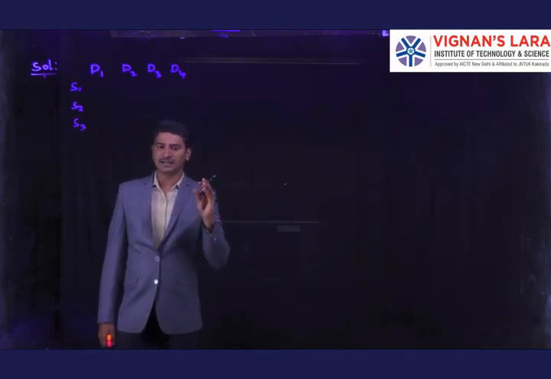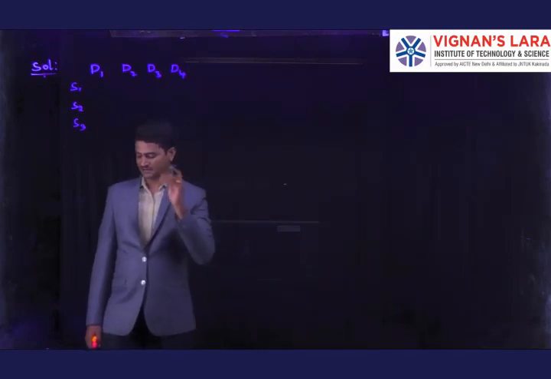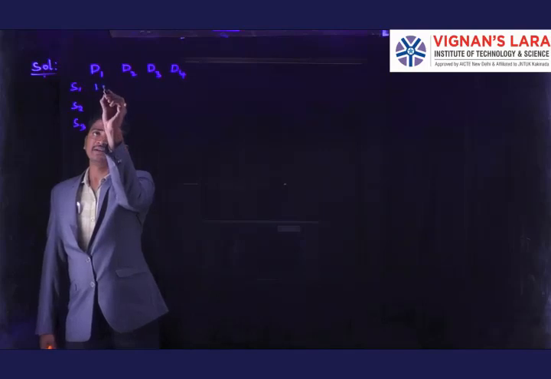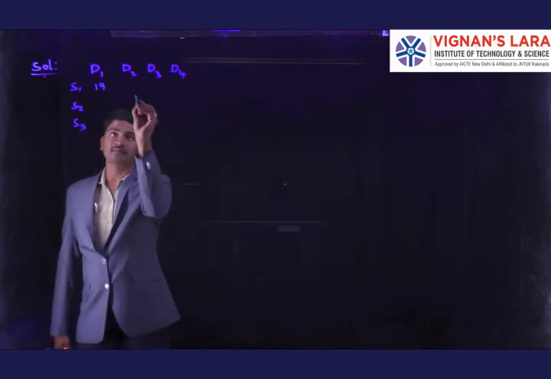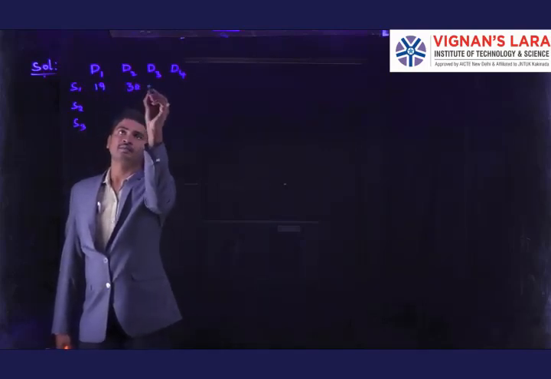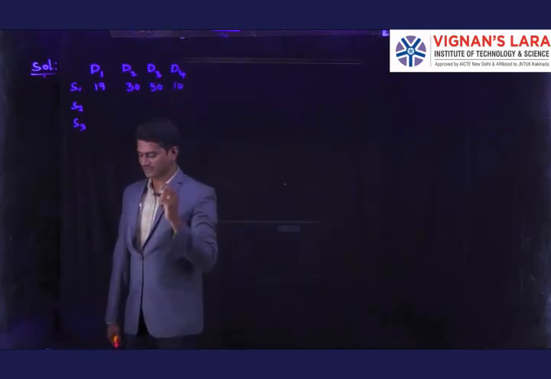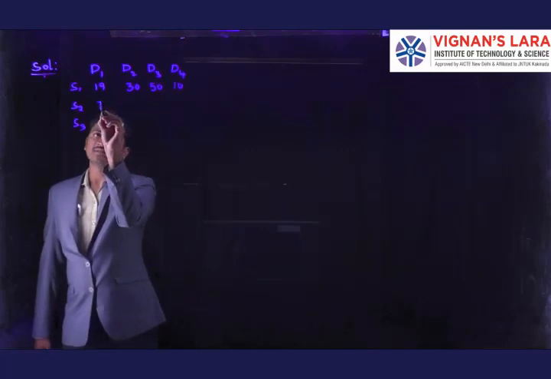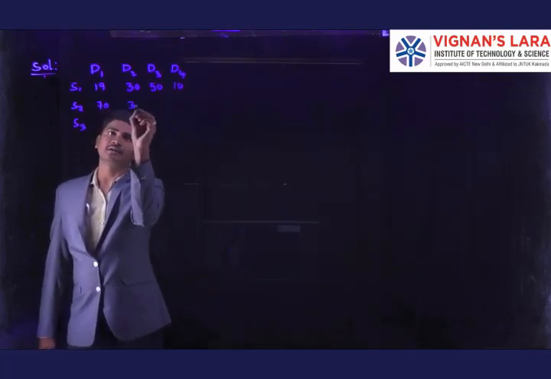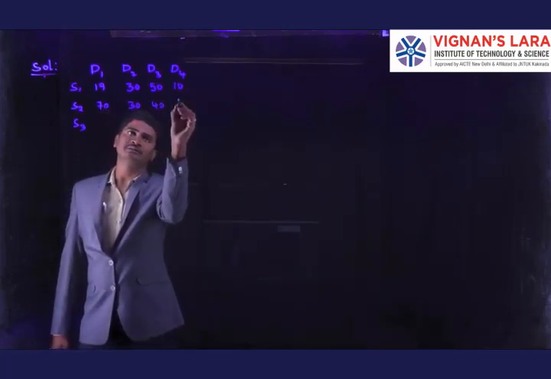CIJ means the unit cost for each station. The first row is 19, 30, 50, 10. Next, coming to the second supply station, the unit costs are 70, 30, 40, 60.